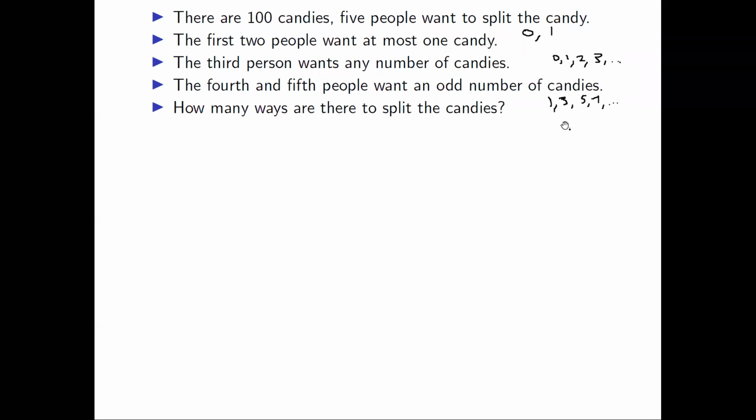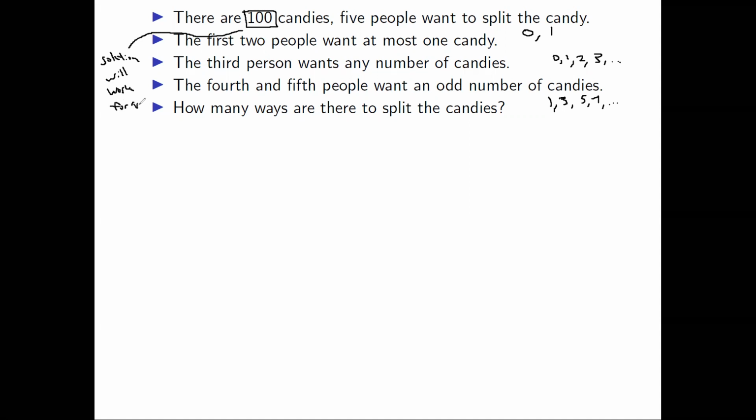And the question that we're going to try to answer with generating functions is how many ways are there to split up these 100 candies? And I want to note something here. We'll find the answer for when there are 100 candies, but our solution will work for any number of candies.